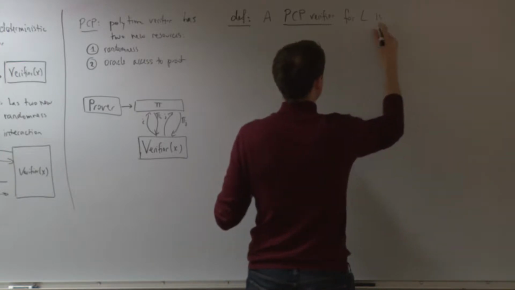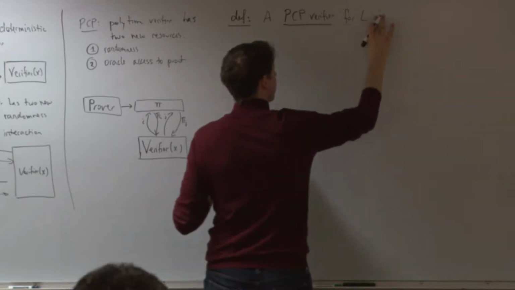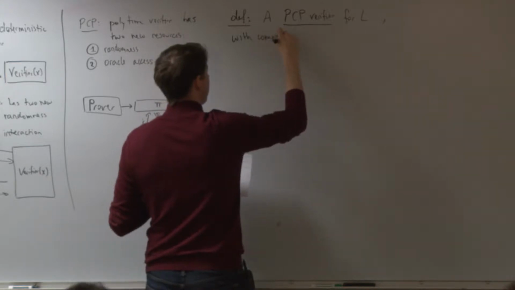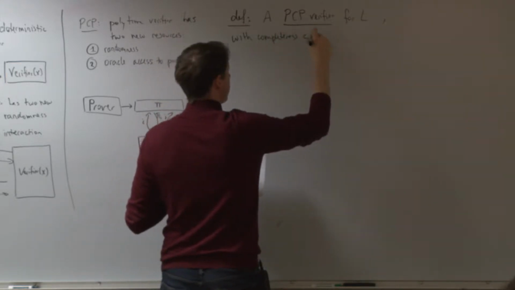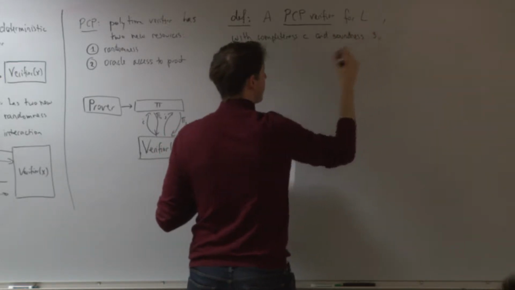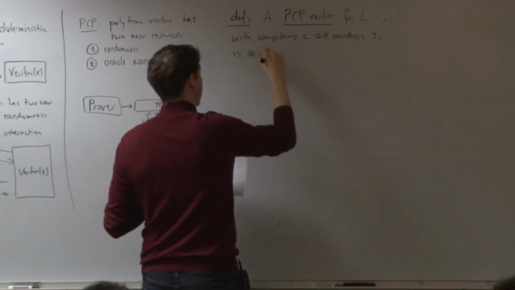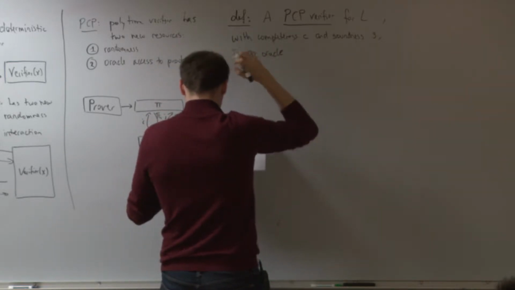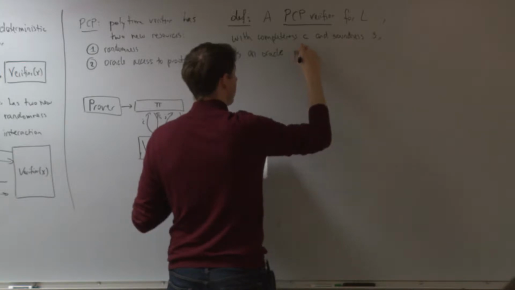Okay, so a PCP verifier for L, maybe let's just say, with completeness C and soundness S, is an oracle algorithm, or oracle polytime algorithm.